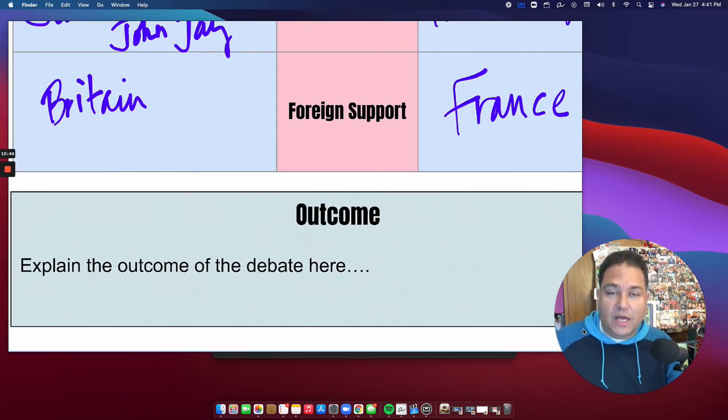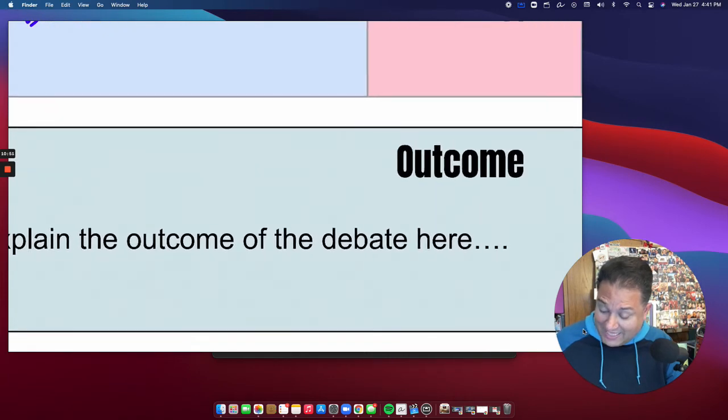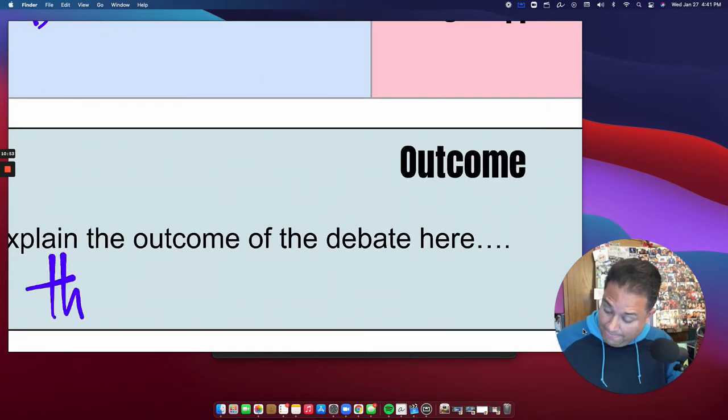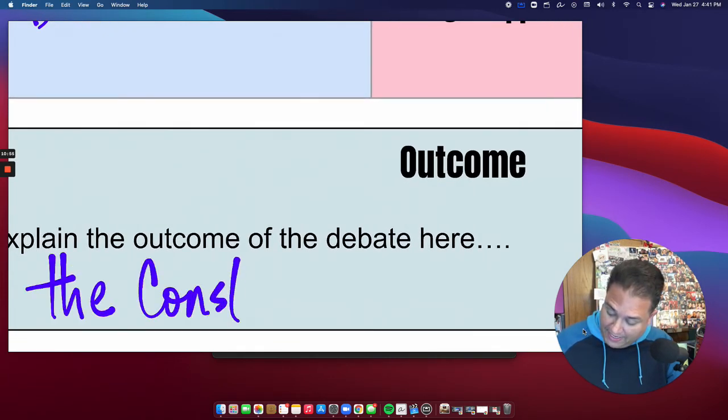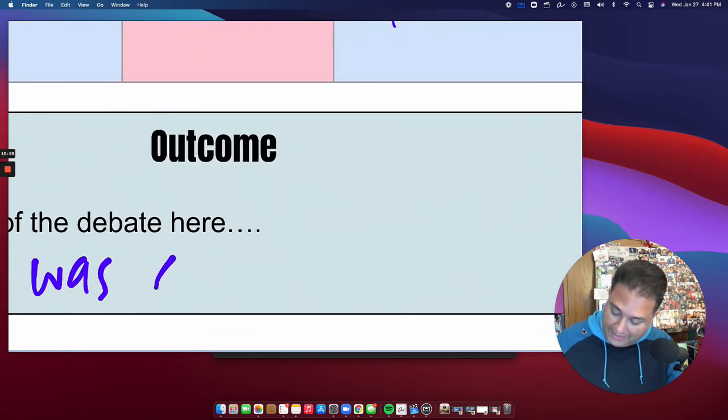And then ultimately the outcome. What was the outcome of the debate over ratification? What was ultimately the outcome? Well, this is not a trick question. The Constitution was ratified.